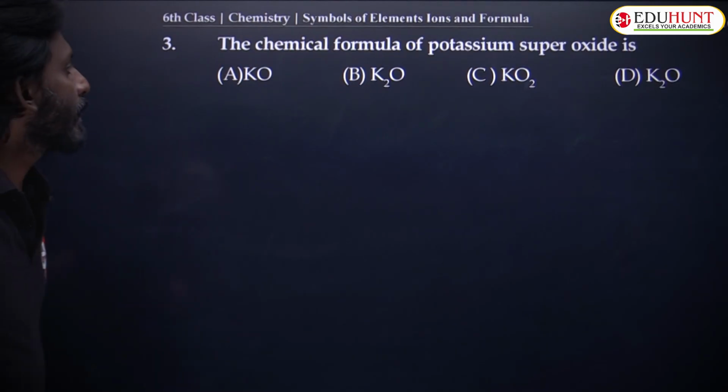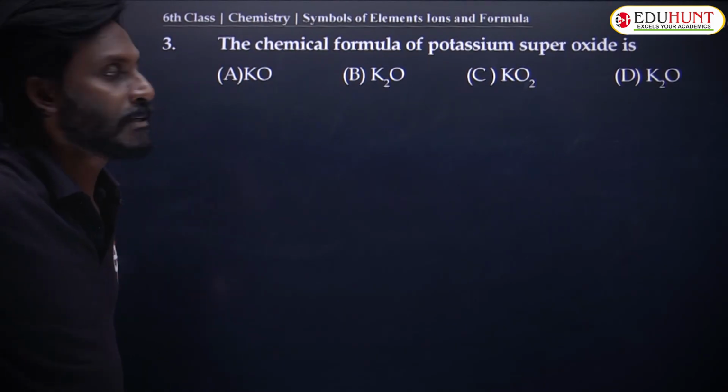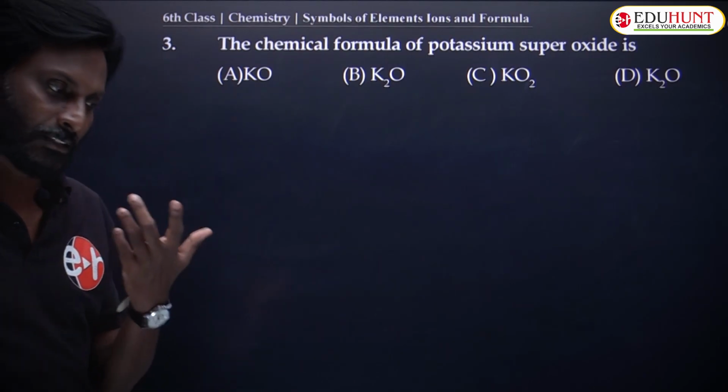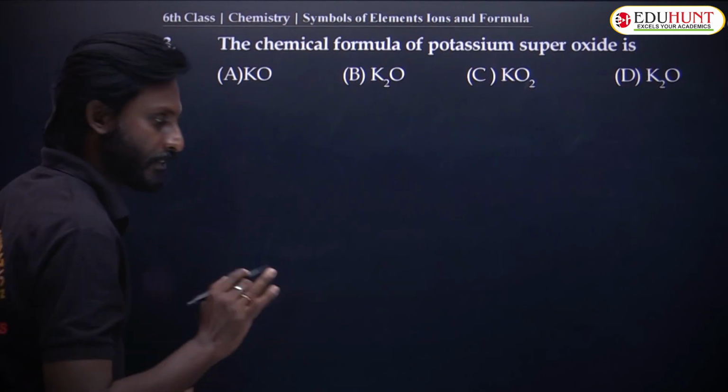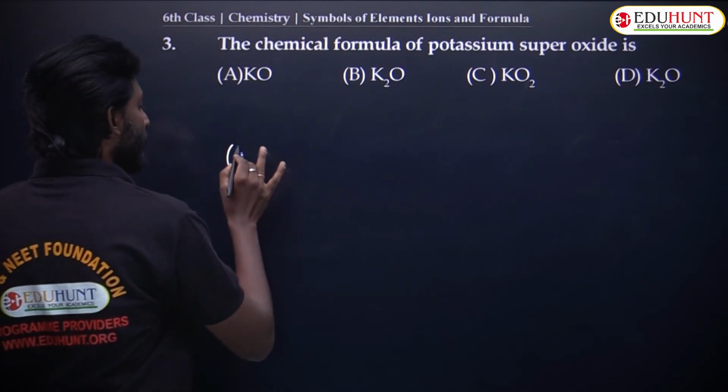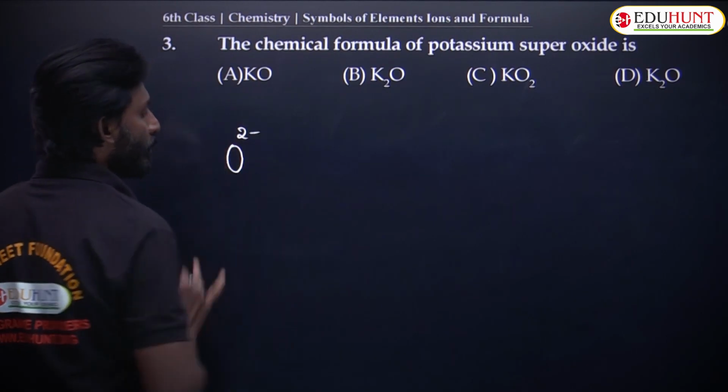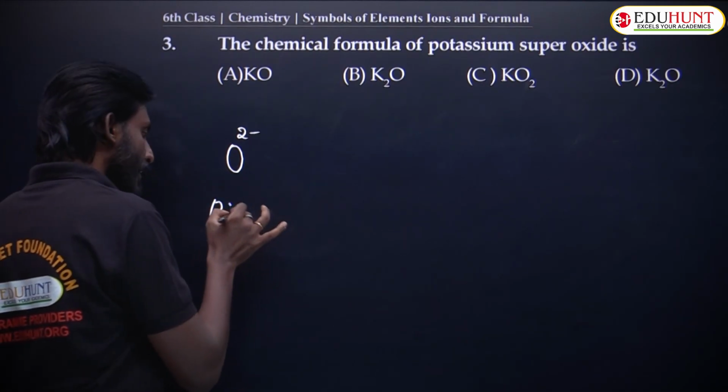Now, the chemical formula of potassium superoxide. I explained this in the theory video about oxygen. When oxygen gains 2 electrons, it becomes O2 negative; this is oxide.